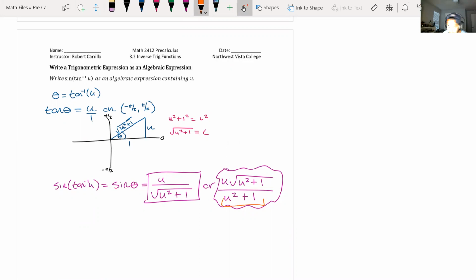If it's joined by multiplication, then you can do that stuff. But if it's joined by addition or subtraction, you can't do that. Okay, I get it, because it's adding 1 to it, so it's different than what u is. Exactly. So if it's connected by addition or subtraction, you cannot cancel.